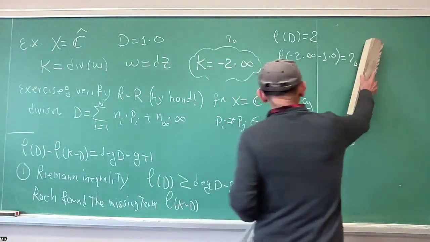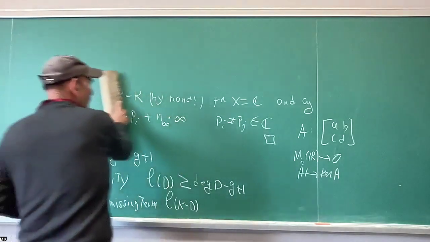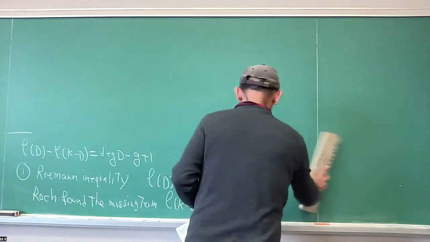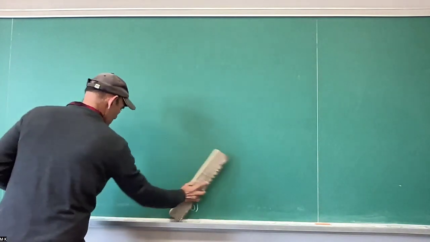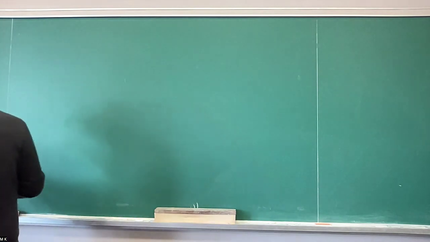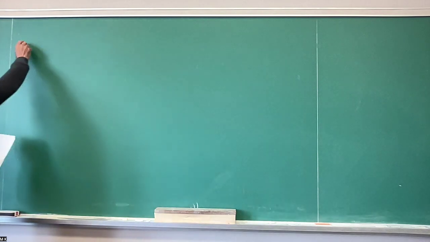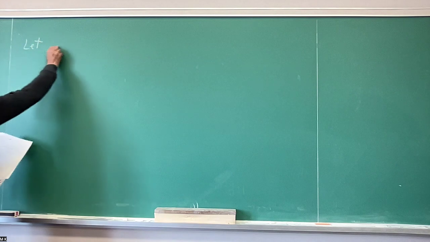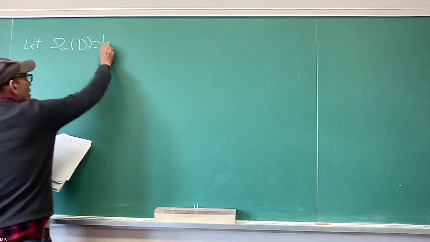So any questions, by the way? And so this omega of D, of course, D is a divisor, right? The set of all omega.